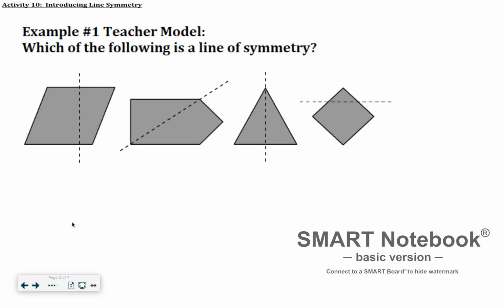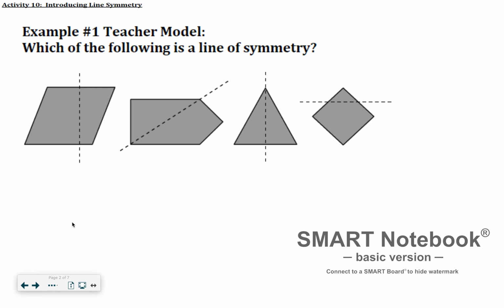Looking at the answer choices, I see that all of them have a line that runs through them, but there must be exactly the same thing on each side of the line in order for it to be considered a line of symmetry. Imagine we could fold along this drawn line. Would there be matching parts on each side? The only figure that this would happen for here would be the triangle.